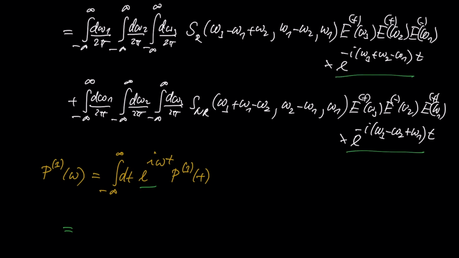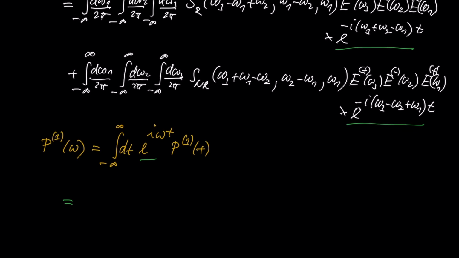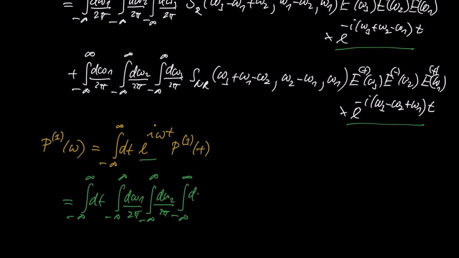They differ only in the sign of omega 1 and omega 2 because they are rephasing and non-rephasing contributions. So altogether we can now write, this is going to be the integral from minus infinity to infinity dt, that's from the Fourier transform, then the three integrals over omega 1, omega 2, and omega 3.